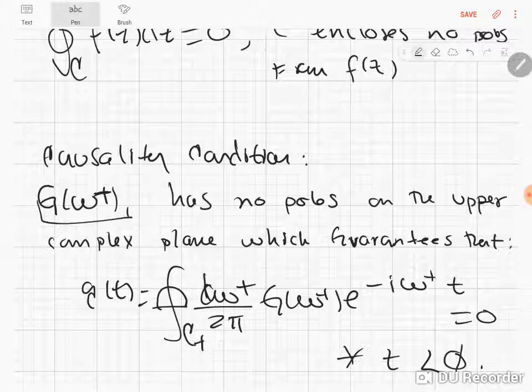Okay, so that's guaranteed when g of omega plus has no poles on the upper contour.